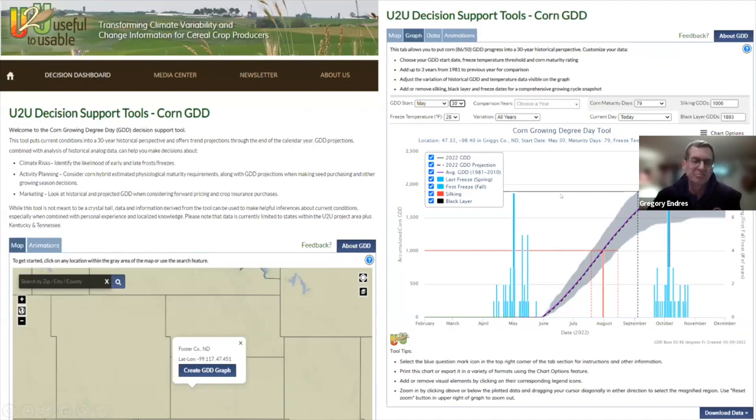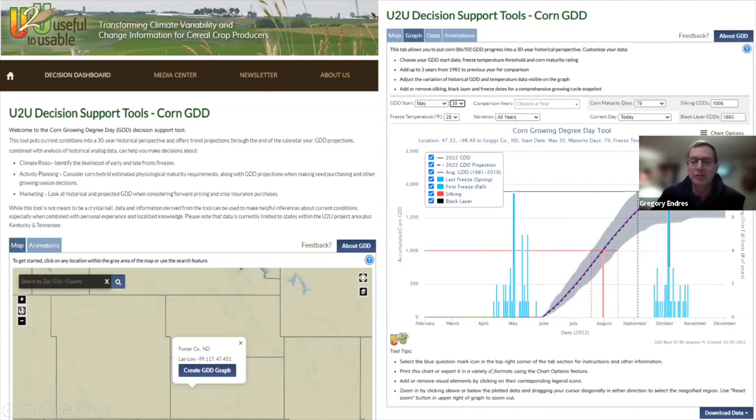It can be useful, using a couple of examples. One is last year we had a rather late year, and so people that had delayed planting into May, maybe even into early June, they could enter a prospective planting date, and then also the relative maturity, and just see if the model would indicate that we have a reasonable chance of reaching a black layer before frost occurs.